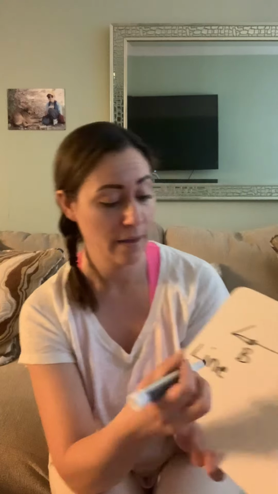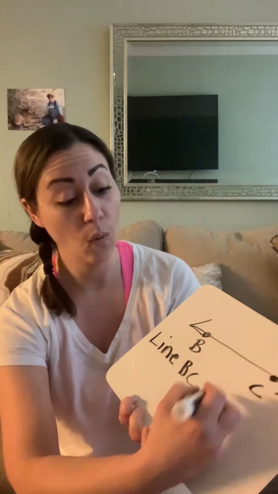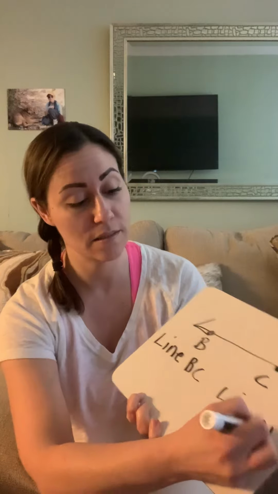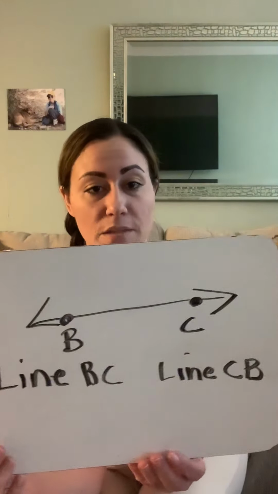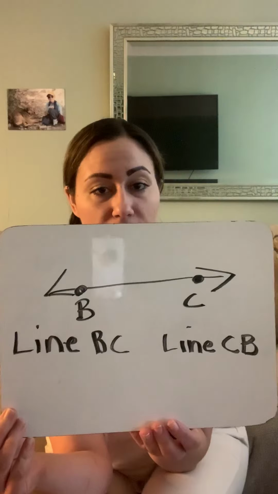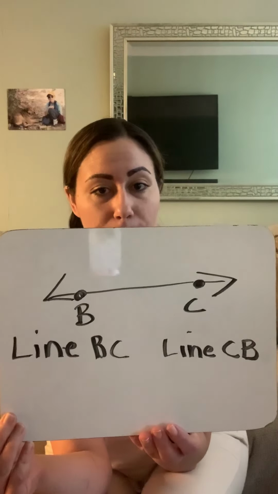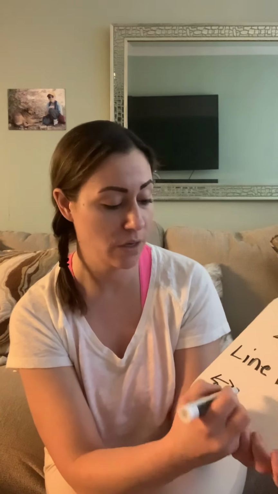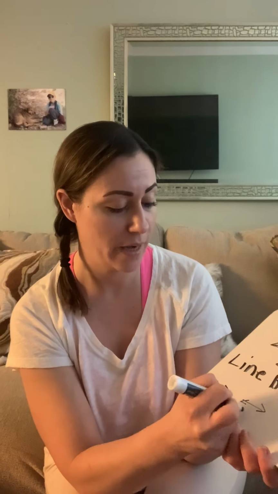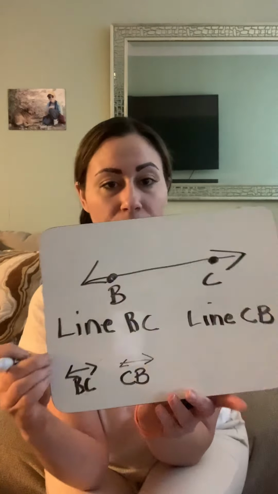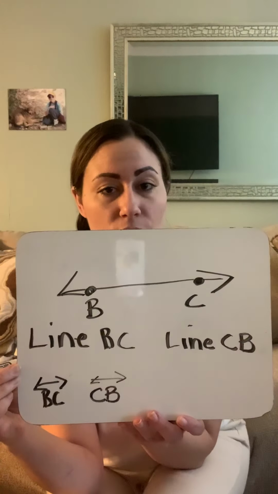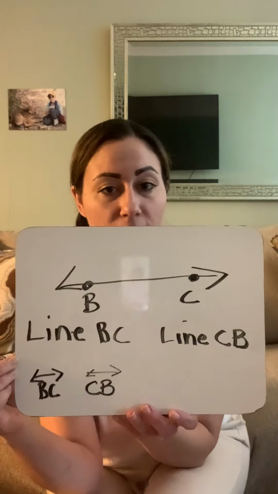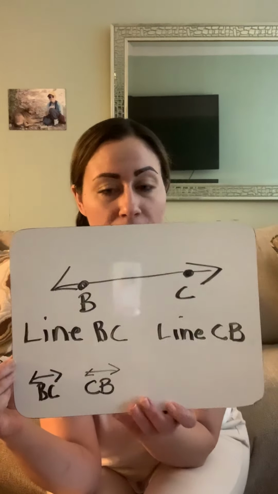The first one, I can write the word line and then say line BC, or it can be line CB. So that's my first way that I can show the line, and it can be either direction, right? I can also use my symbol: make the small line and write BC, or make the small line and write CB. So this is how we write lines, okay?